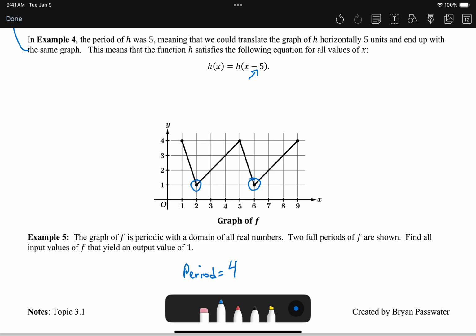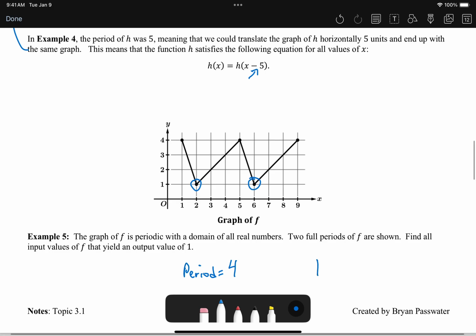So let's see. How would we find every x? 4k is going to give us 1. It starts at 2. Well, how do we get 2 from 4k? Well, if k was 0, it'd be 4k plus 2, right? Because 0 times 4 is 0, 0 plus 2 is 2.